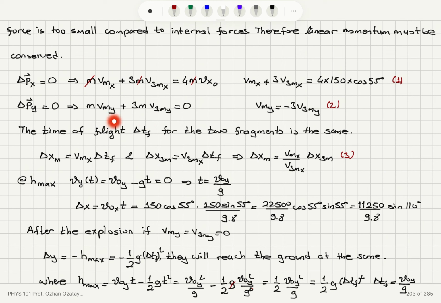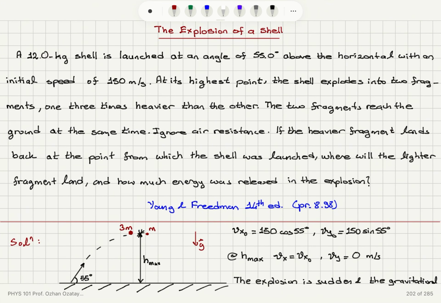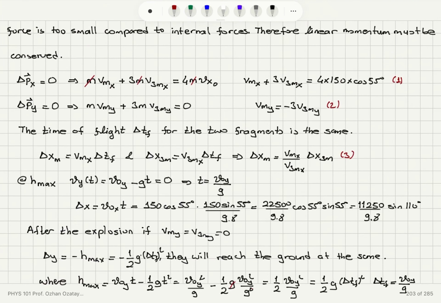And m vmy plus 3m v3my is equal to 0. So this gives us two equations. But at the same time, we have the information that the two fragments reach the ground at the same time. If they had different y components of the velocities, for them to reach the ground at the same time, traveling the same distance would be impossible.